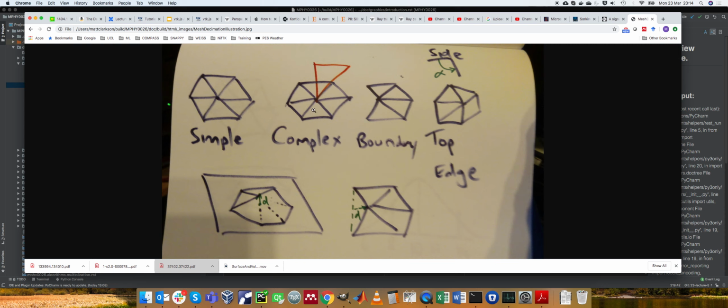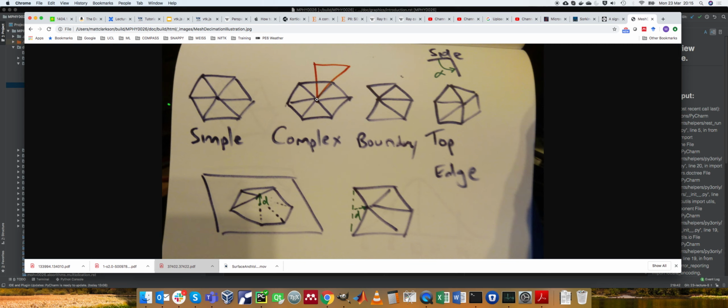When you're removing points, you generally have to remember that most surfaces are a sort of two-dimensional manifold in a three-dimensional space. But some surfaces obviously self-intersect and things like that. So they have a category called complex.